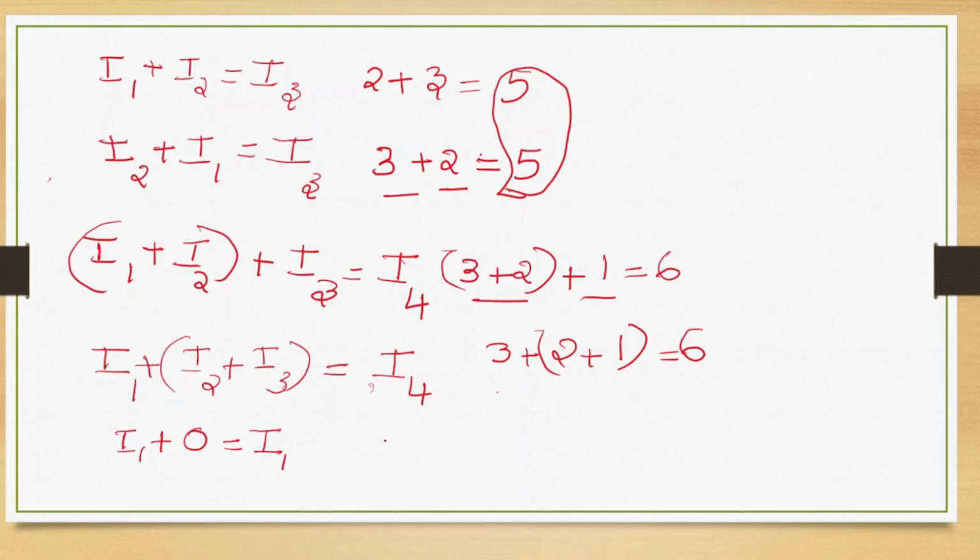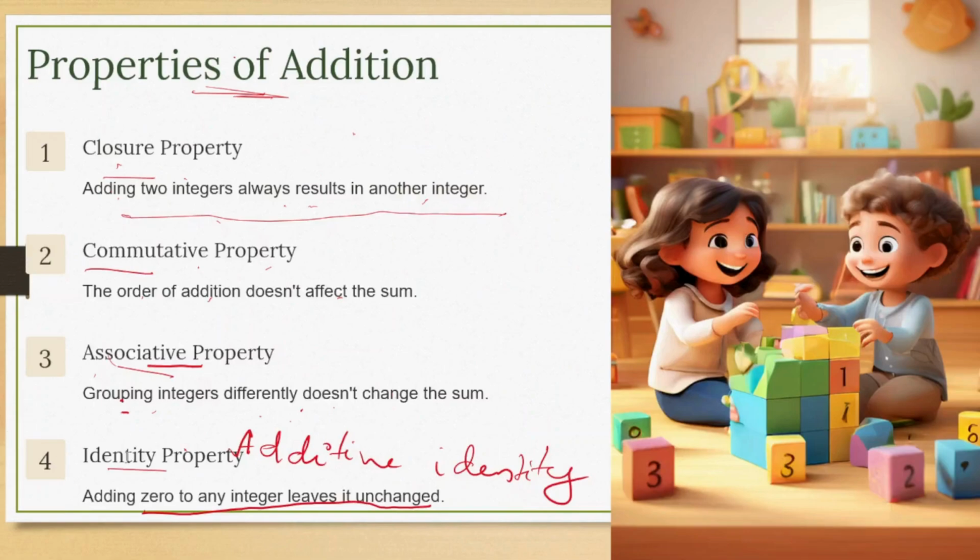I1 itself. For example, if we add 3 to 0, what is the result? 3. Another example, if we add 2 plus 0, what is the result? 2. That is, adding 0 to any integer leaves it unchanged. Okay, all clear?